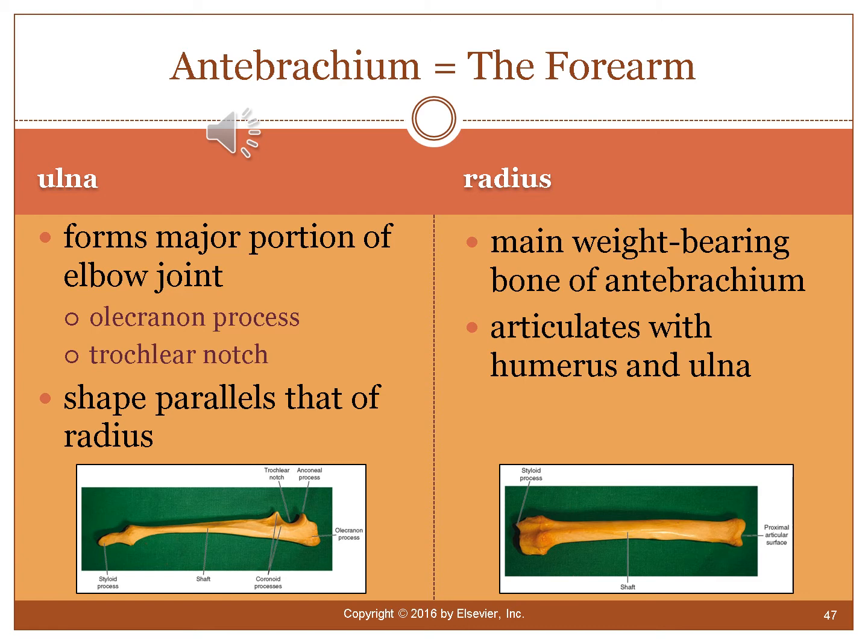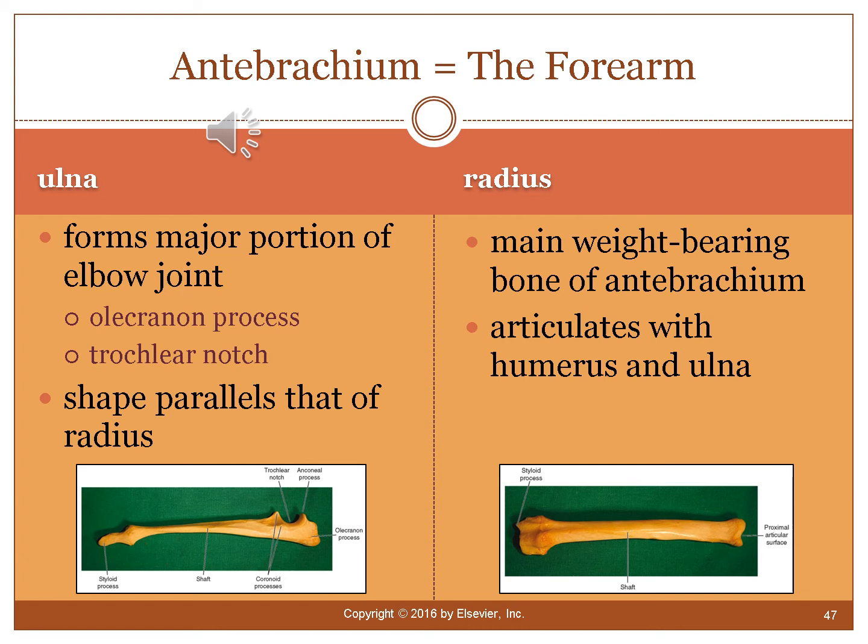The anconeal process is a process that in larger, big dogs sometimes doesn't fuse properly and they need surgery to remove that. So ununited anconeal process is what that's called. And then you have the styloid process at the very distal end of the ulna there.